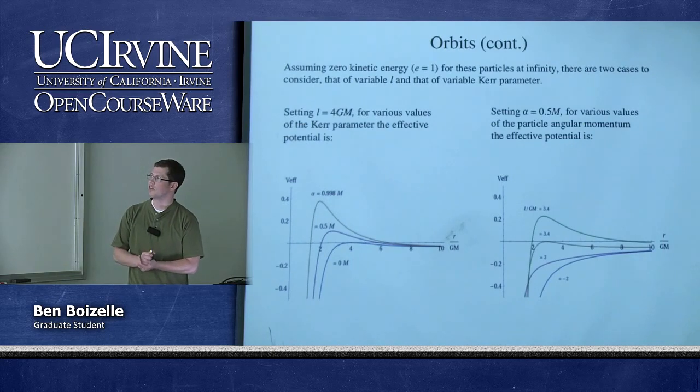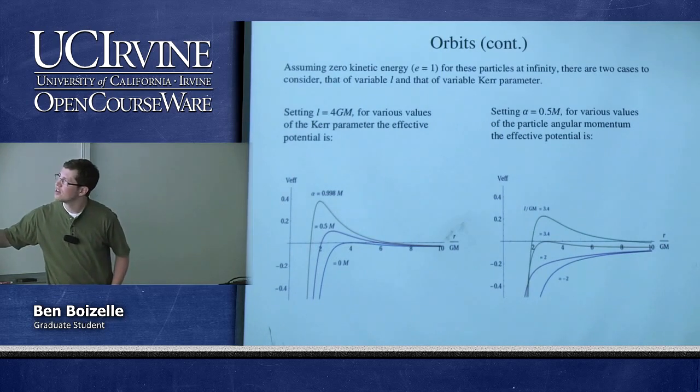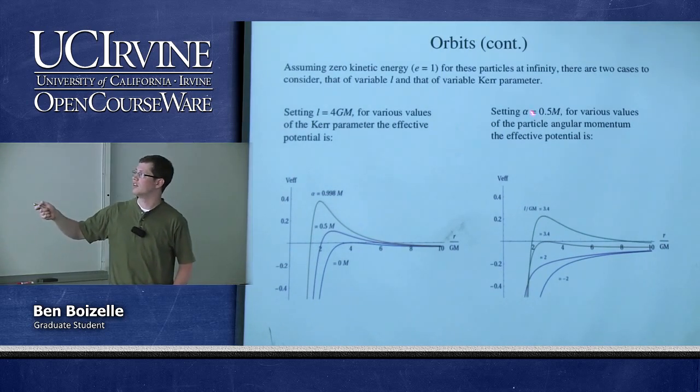Continuing the orbits, the effective potential is plotted on the vertical axis, and here we have E equals 1, so we're assuming 0 kinetic energy at infinity, and we are looking at various values of L and alpha. Right here, this is a constant L and constant alpha, and then we are letting alpha and L vary oppositely.